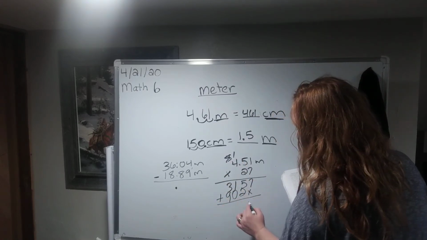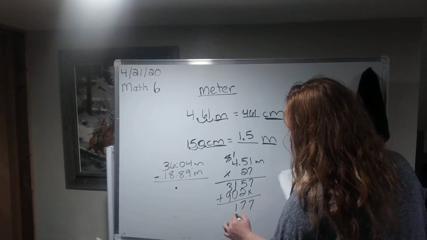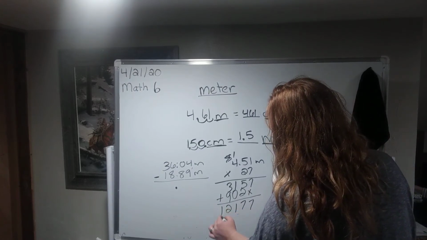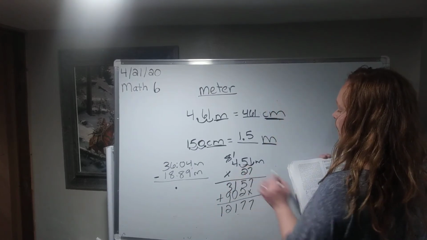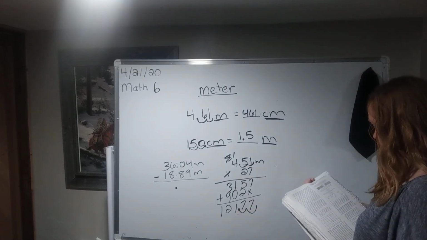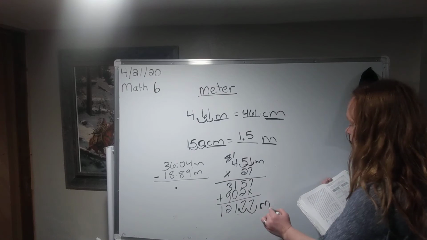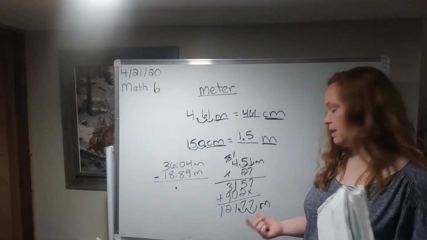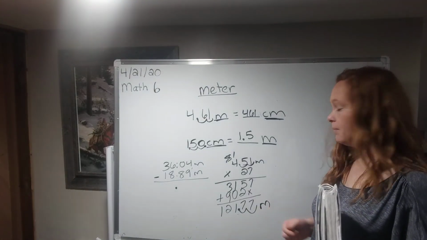Then I add them together, and I have 2 behind the decimal, so that's where my decimal place goes. And I need the unit, meters, because when I'm doing measurements, I have to make sure my answer has a measurement.